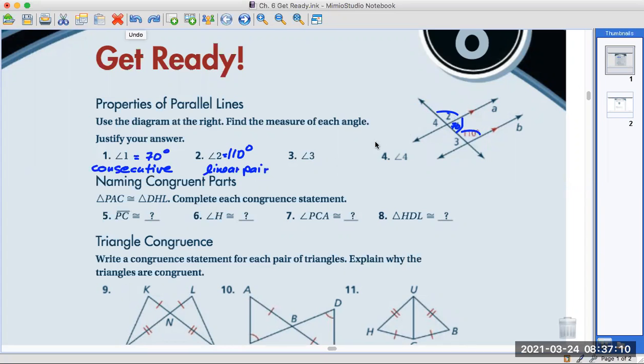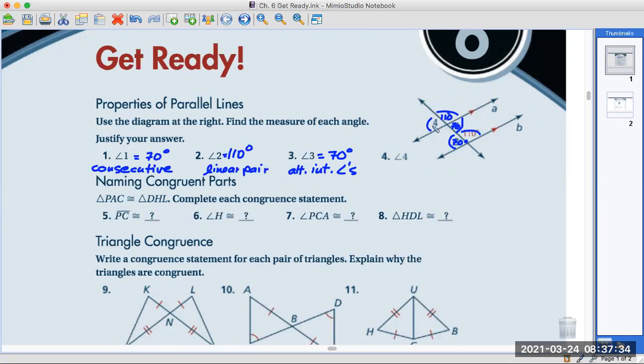Okay, and then we have angle 3. These two are called alternate interior angles, and they're congruent. So this one is also 70. And then angle 4.